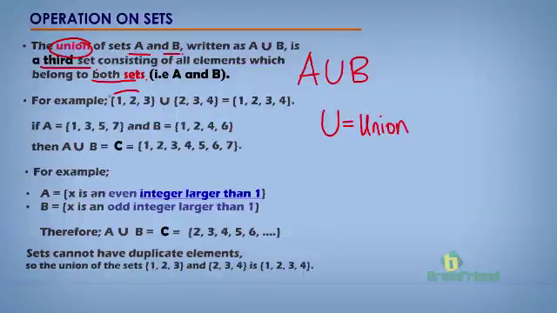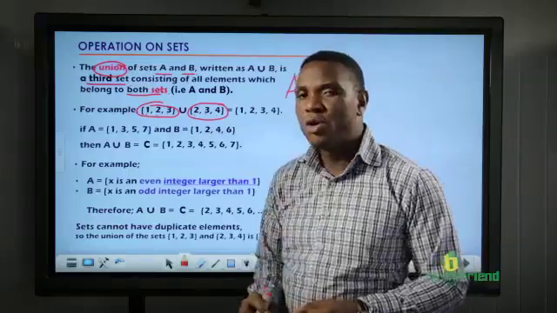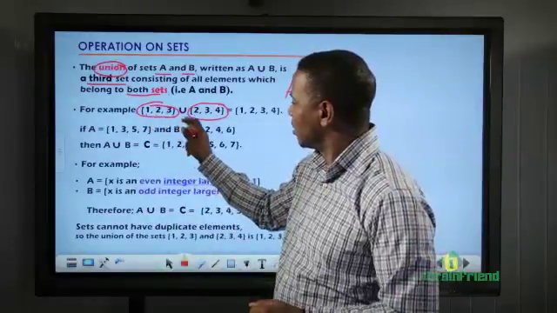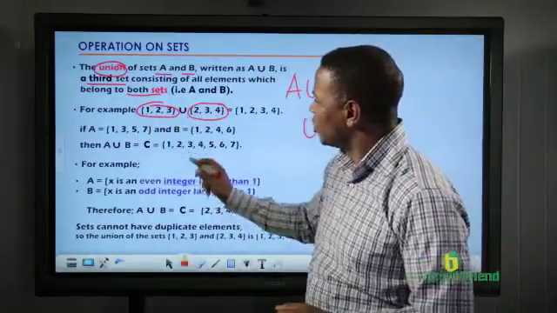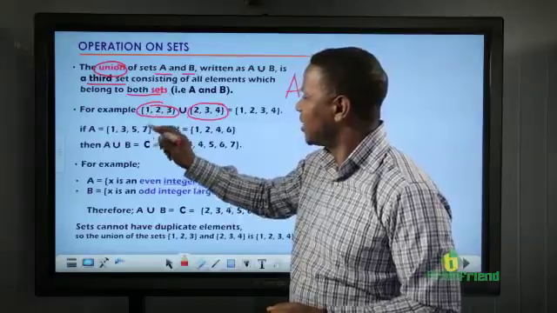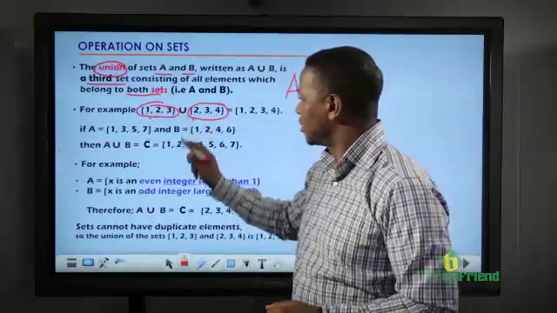If we have a set that has as its elements 1, 2, and 3, and we have another set that has elements 2, 3, and 4, the union of both is a combination of all the elements present in both sets.